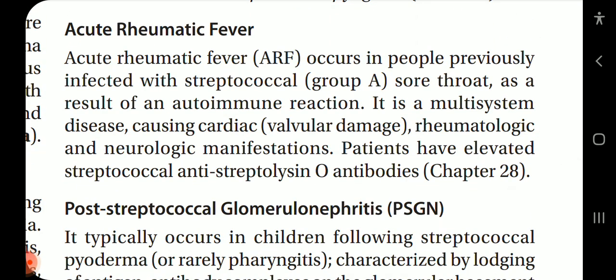Acute rheumatic fever, or ARF, occurs in people previously infected with streptococcal group A sore throat as a result of an autoimmune reaction. It is a multisystem disease causing cardiac valvular damage, rheumatologic and neurologic manifestations. Patients have elevated antistreptolysin O antibodies.